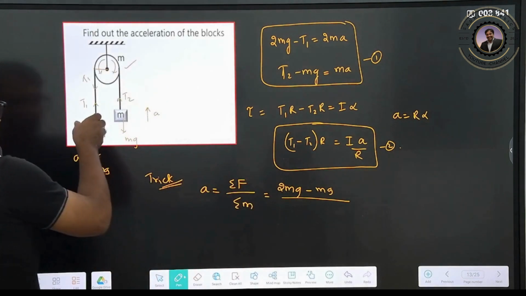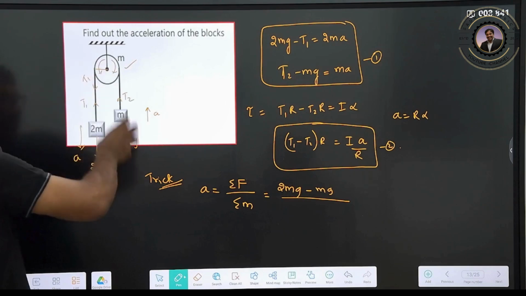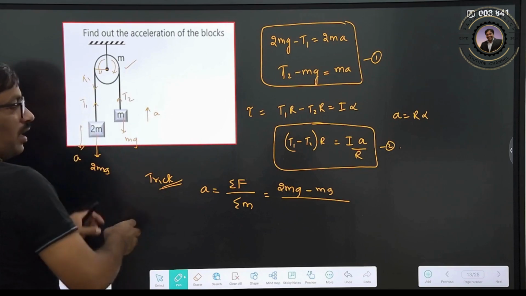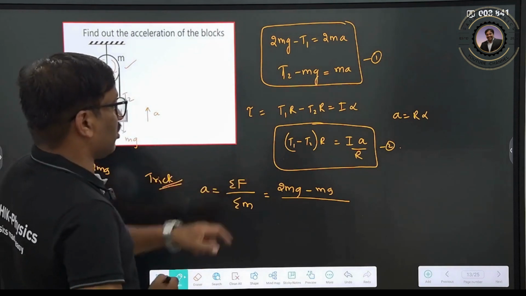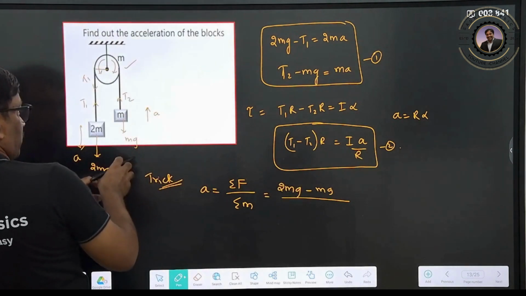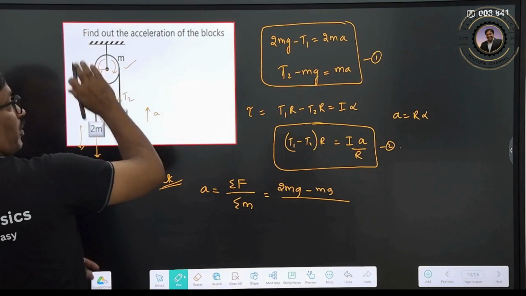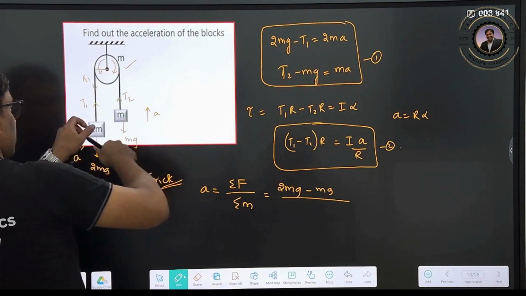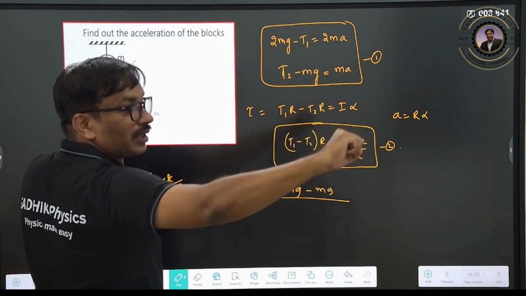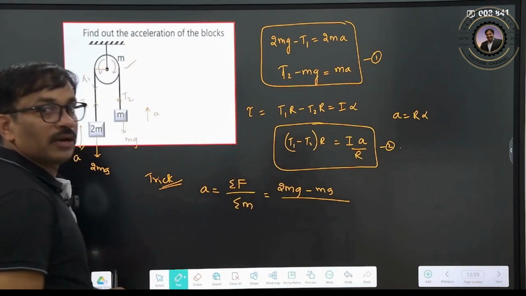Because this is making it rotate this way and that is making it rotate the other way, giving a different acceleration. Actually, the total 2mg plus mg acts downward, but we are making it rotate, so both are acting in opposite directions, that's why we wrote minus here.